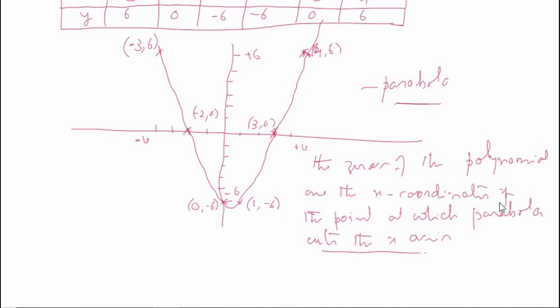So the zeros of the polynomial are the x coordinates, that is, here is minus 2, here is 3. They are the zeros of the polynomial at which the graph, the parabola, cuts the x-axis.